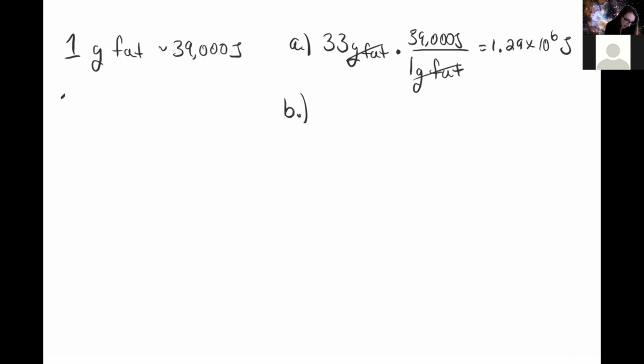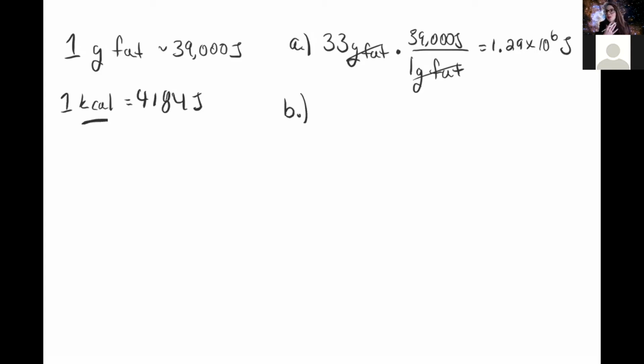1 kilocalorie, which we call kcal, is equal to 4,184 joules. Okay, so when you look on the back of food labels, and I'm sure you all have done this, it shows you the calories in that food. So if you look on the back of a Snickers bar, you can see how many calories are in there. On food labeling, what you see as the calorie on the back is actually a kilocalorie.